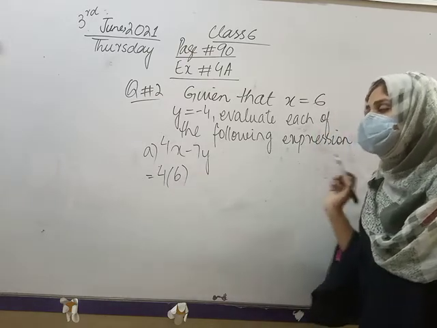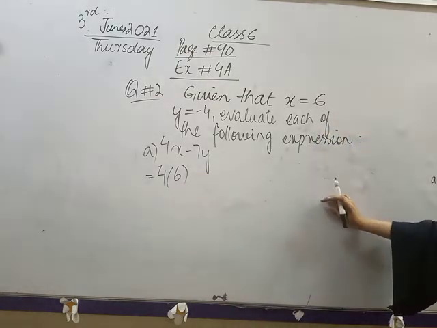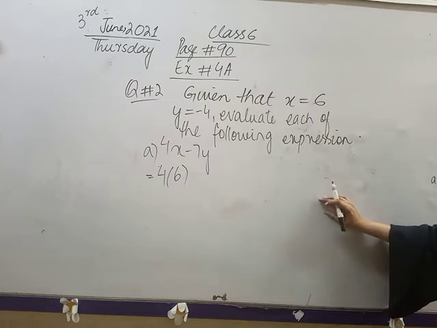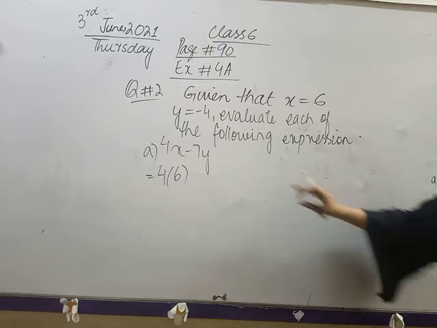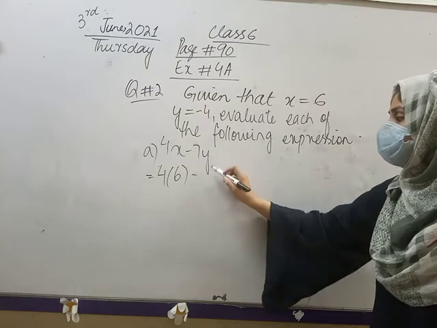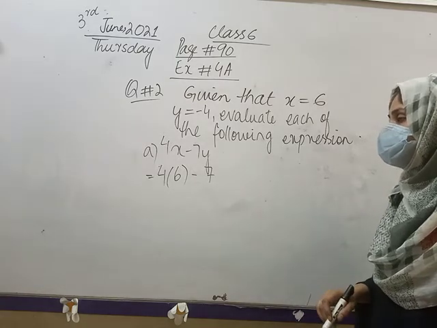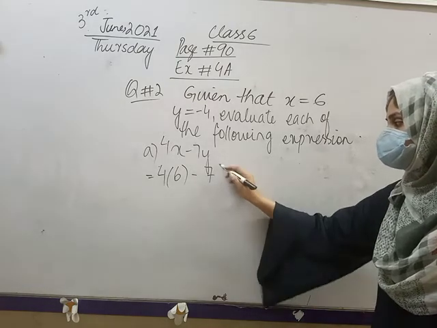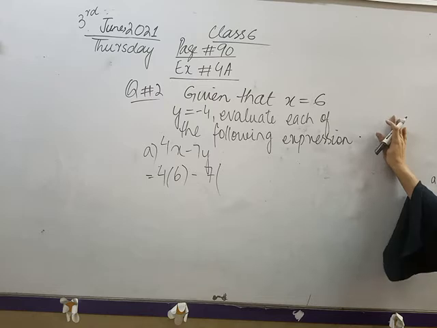अब मेरे पास जहाँ जहाँ x होगा वहाँ मैं x की क्या करूँगी वैल्यू पुट करूँगी which is 6. I have only one x, so I will only put 6 one time in this. Fine. Now I will write minus sign here. Next is 7. So class, according to this statement we have y.